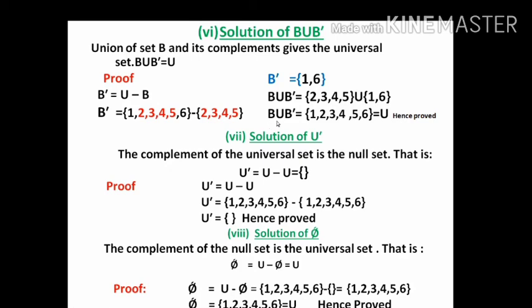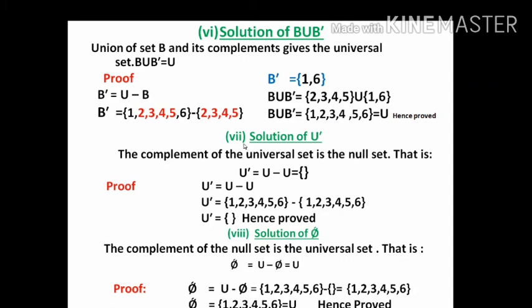So B union B complement is equal to 1, 2, 3, 4, 5 and 6. So the result shows that the members of B union B complement are equal to the universal set. It means that left hand side is equal to right hand side, hence proved.